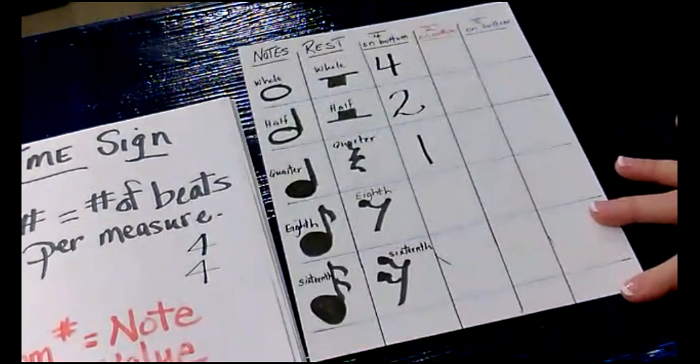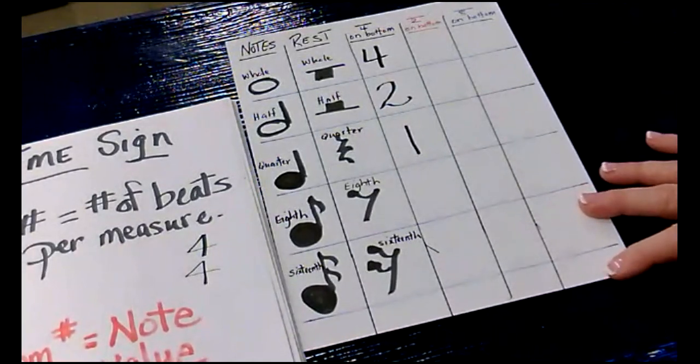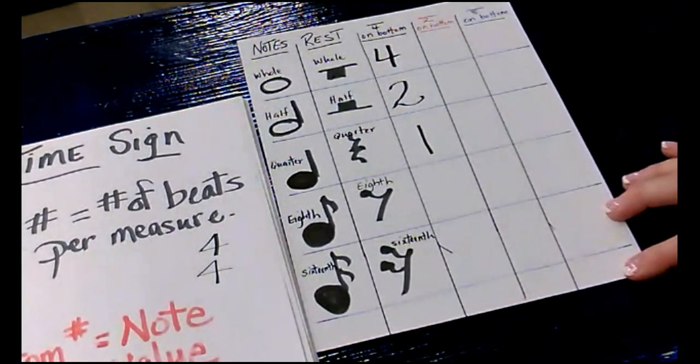Now we go on down to our 8th note, which all we have done is added a flag to that quarter note. When we add that flag, the 8th rest looks similar to the 8th note because it also has one flag on it.